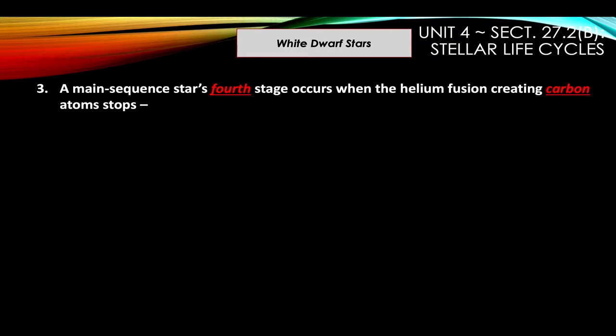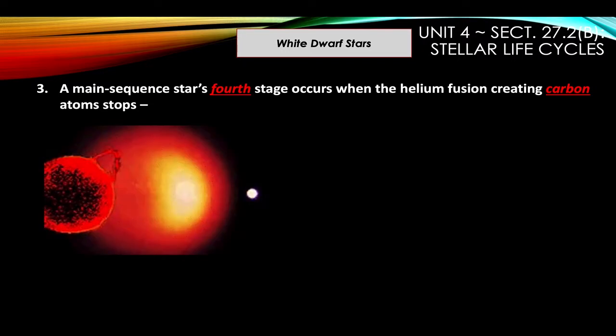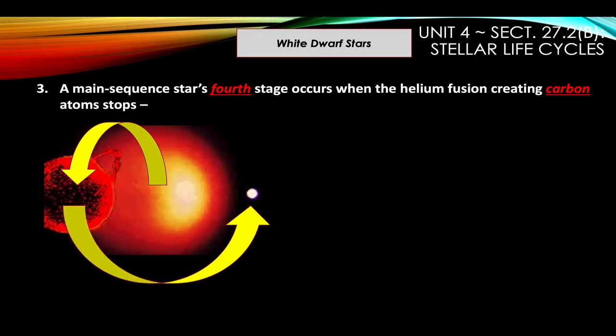So it accelerates quickly. On the fourth stage, the helium fusion creating the carbon atom stops, right? There's not enough helium to create carbon. And when it does, the star loses its outer gases to reveal what's in the middle of its core.